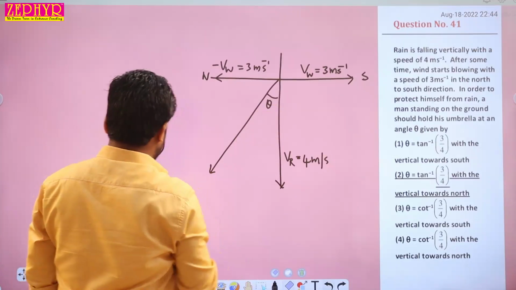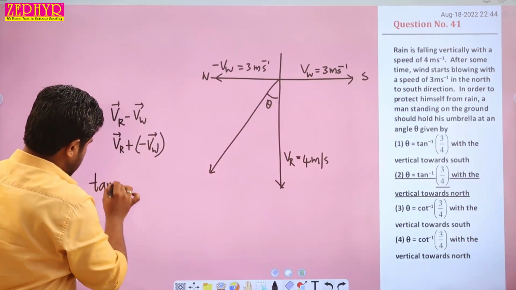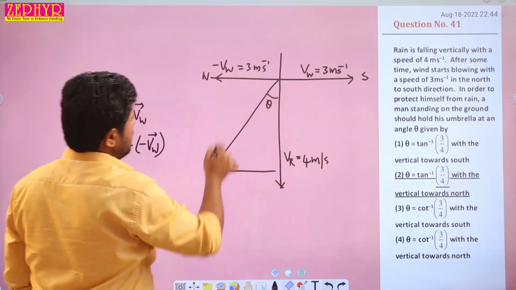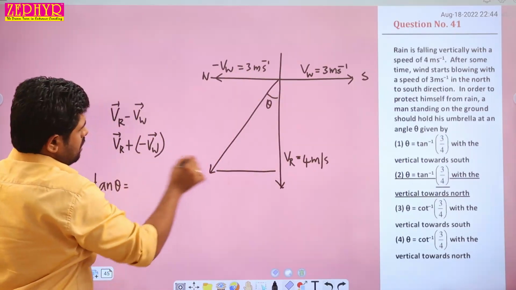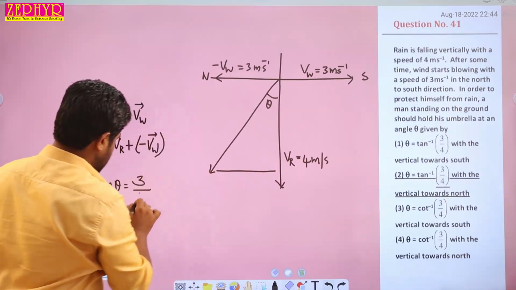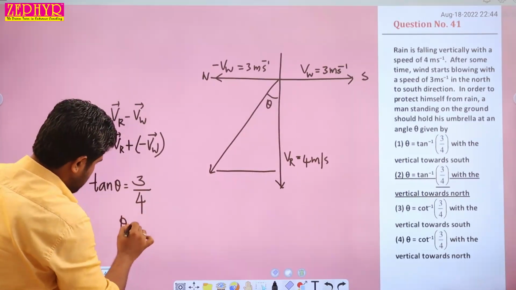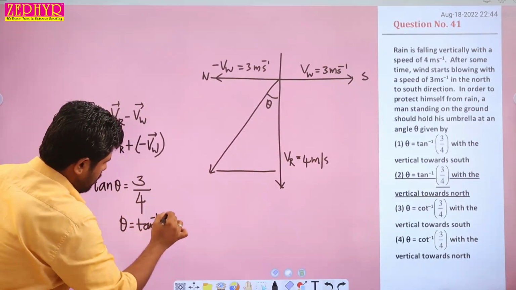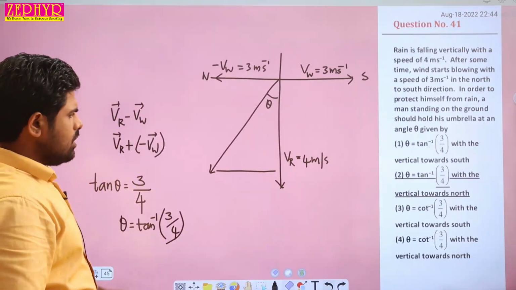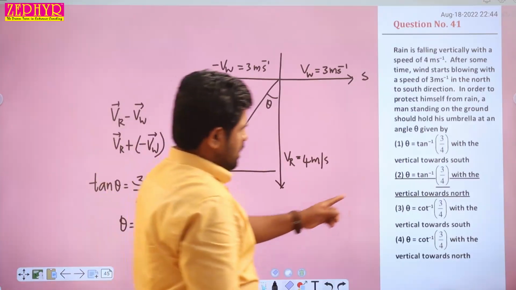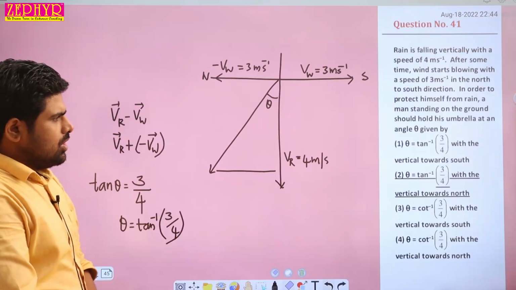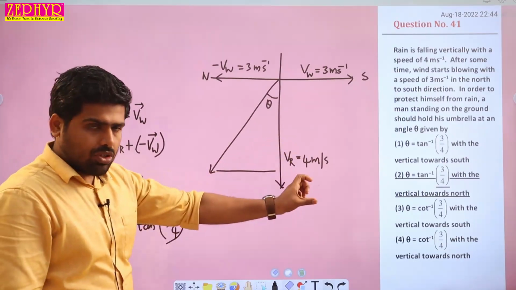To find the value of theta, we use tan theta is equal to opposite side divided by adjacent side. Here the opposite side is 3 and the adjacent side is 4. So theta is equal to tan inverse of 3 by 4. Here two options consist of tan inverse of 3 by 4, so which one is the right option?